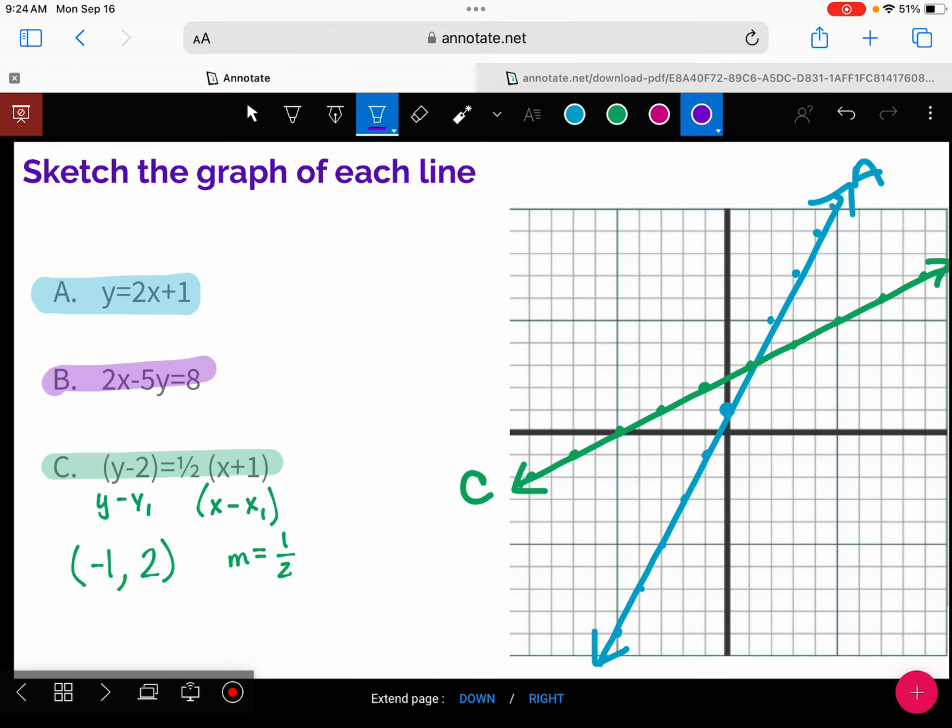We have lots and lots of options for how to approach B. You could do XY intercepts, where we substitute in 0 for X and then 0 for Y to find our intercepts. You could solve this into slope-intercept form and do it that way. You could do a guess and check method, but that takes the absolute longest amount of time.